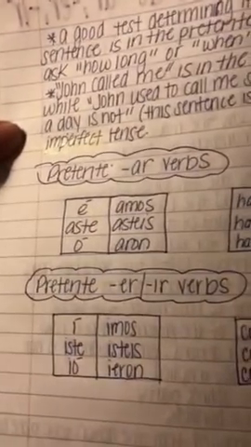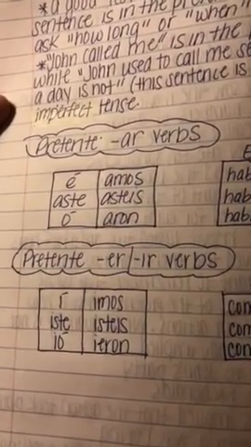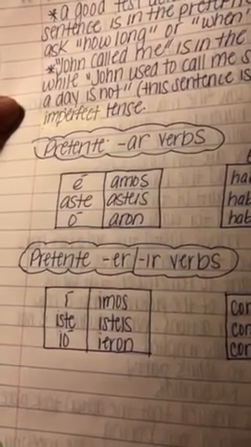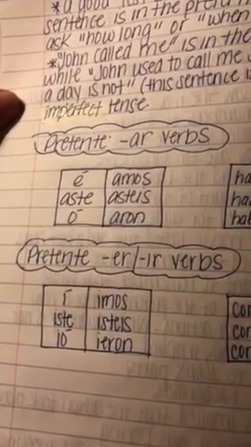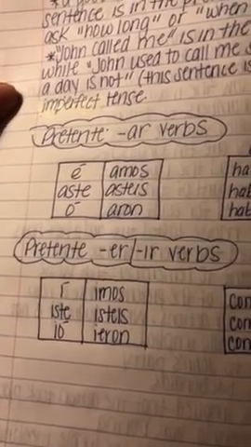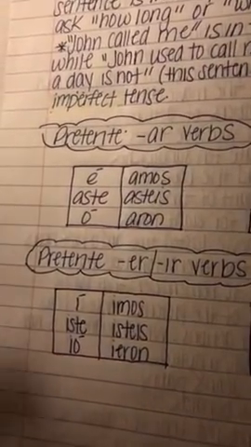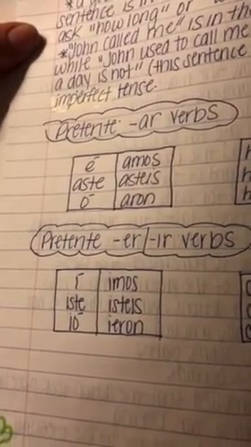Now, on your endings, the AR and ER, if you see there, I gave you the chart. You're always going to drop the AR and add these endings. These are preterite endings. ER and IR verbs are totally the same in the preterite. So there's no emos and imos in the nosotros and vosotros forms. It stays exactly the same, okay?